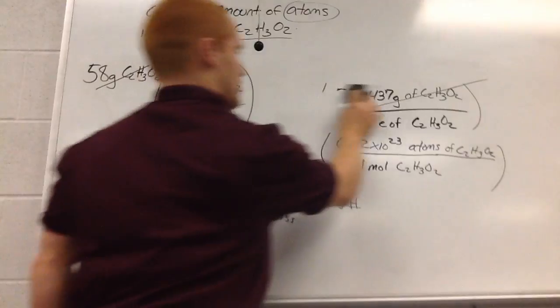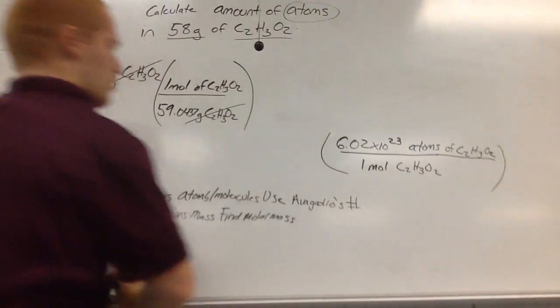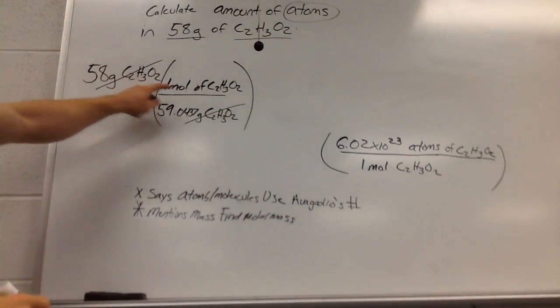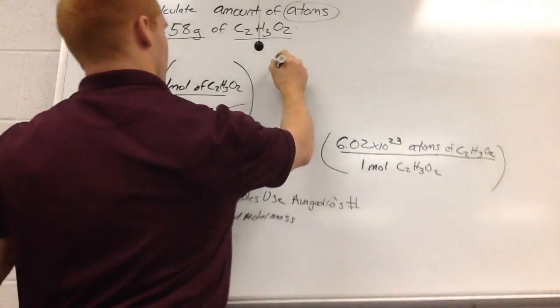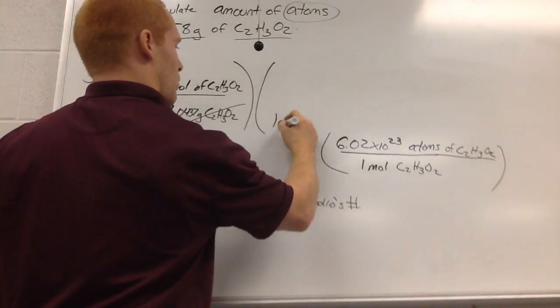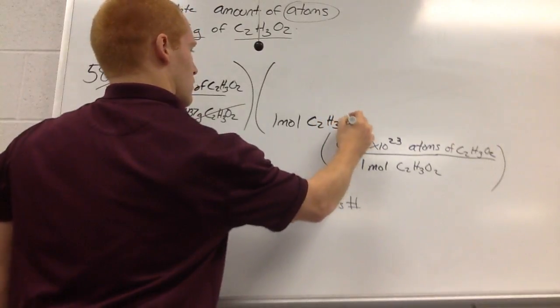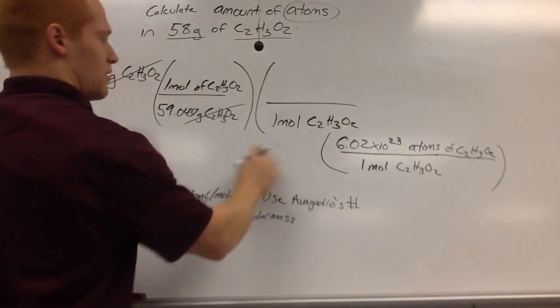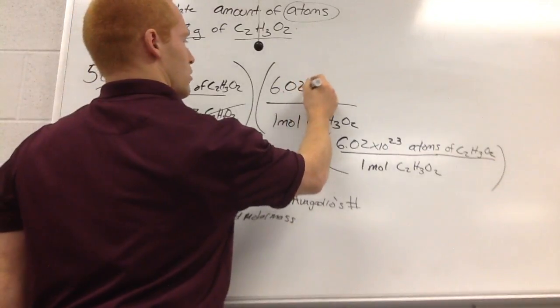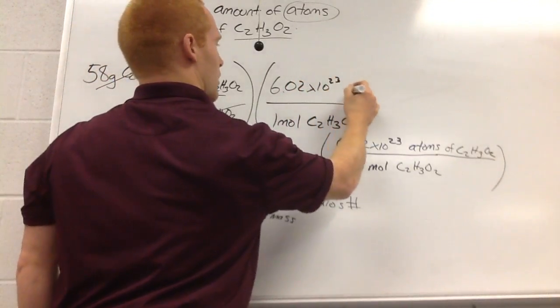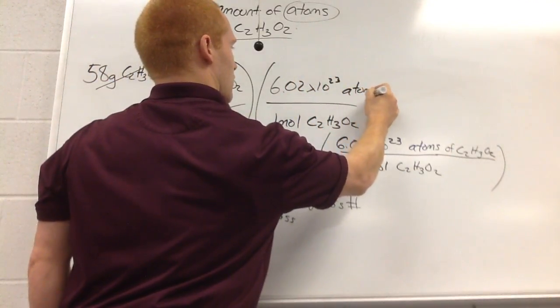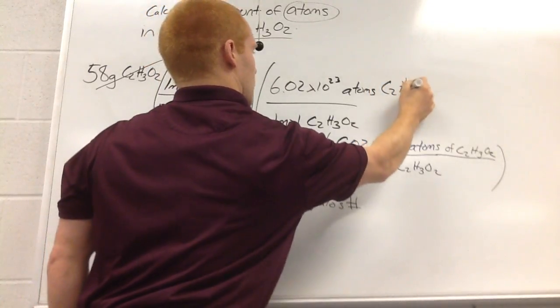I'm going to have to erase this real quick. Moles are on top, so we put 1 mole of acetate on bottom, and on top we put 6.02 times 10 to the 23rd atoms of acetate.